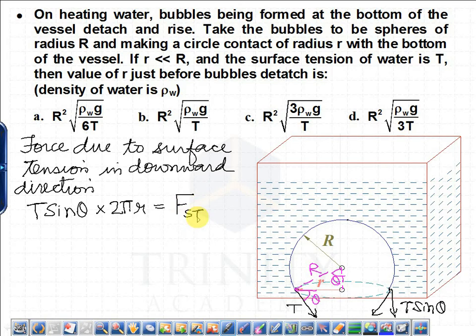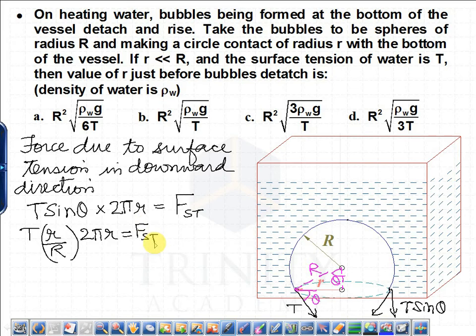From geometry we can also write that sin theta is equal to small r by capital R. So T into small r by capital R into 2 pi r must be equal to the force due to surface tension.